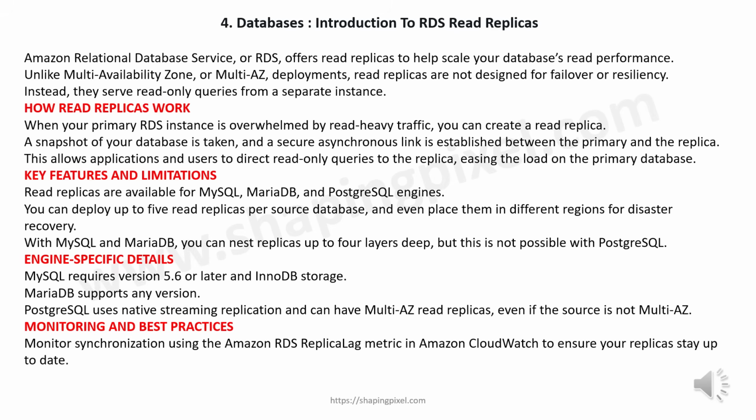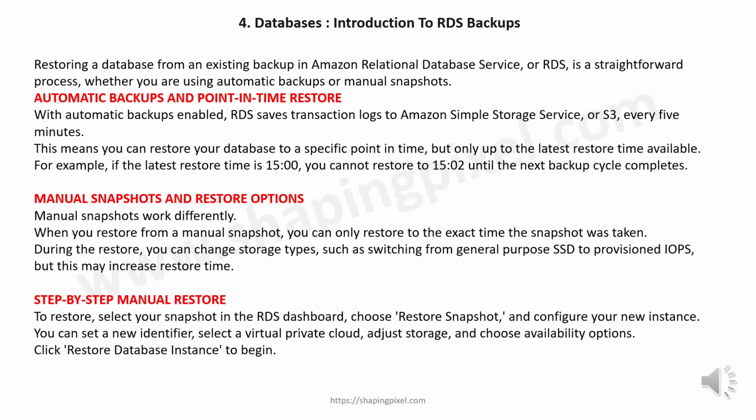Restoring a database from an existing backup in Amazon Relational Database Service, or RDS, is a straightforward process, whether you are using automatic backups or manual snapshots. With automatic backups enabled, RDS saves transaction logs to Amazon Simple Storage Service, or S3, every 5 minutes.